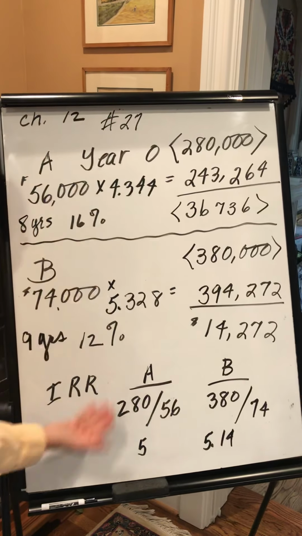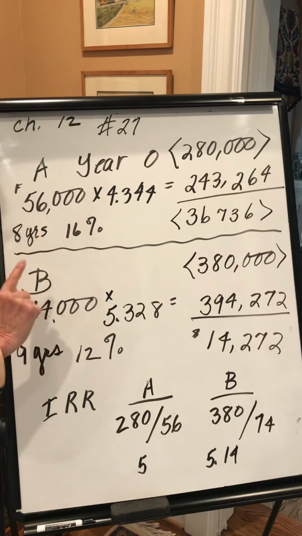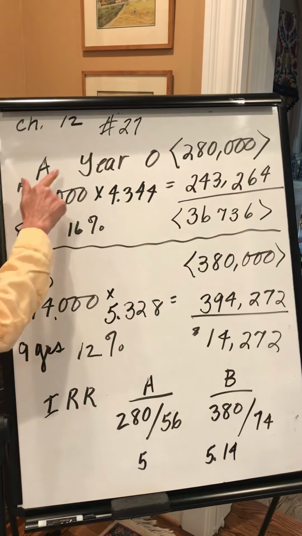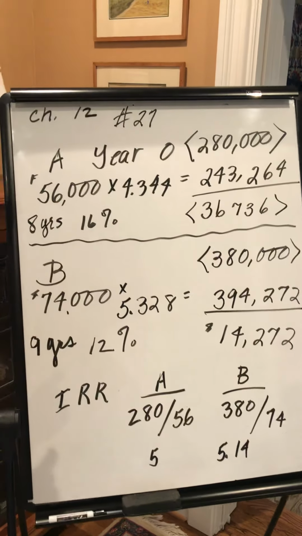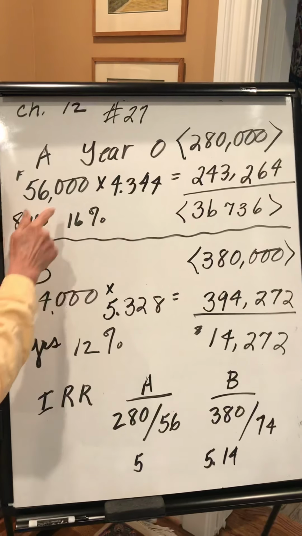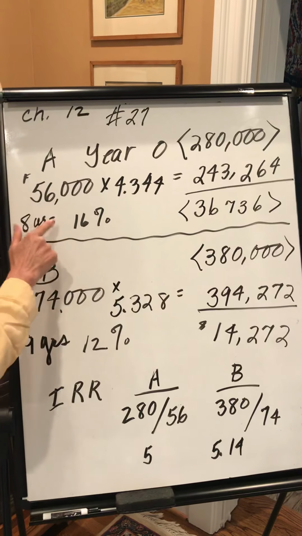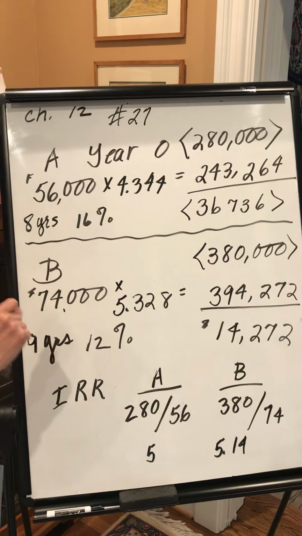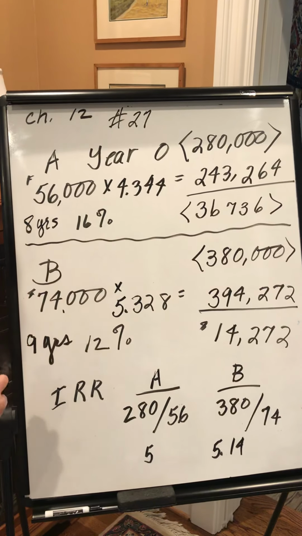So just to refresh, in problem 27, we were given two different projects to consider. Project A cost $280,000, but gave the company cash inflows of $56,000 a year for 8 years. And they wanted a 16% return on their money.